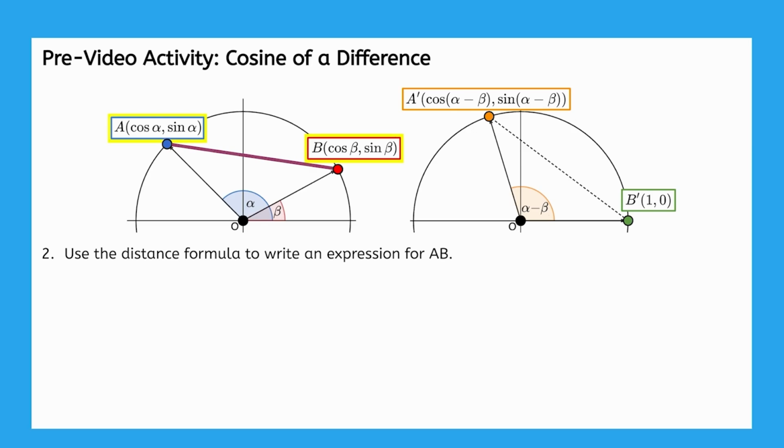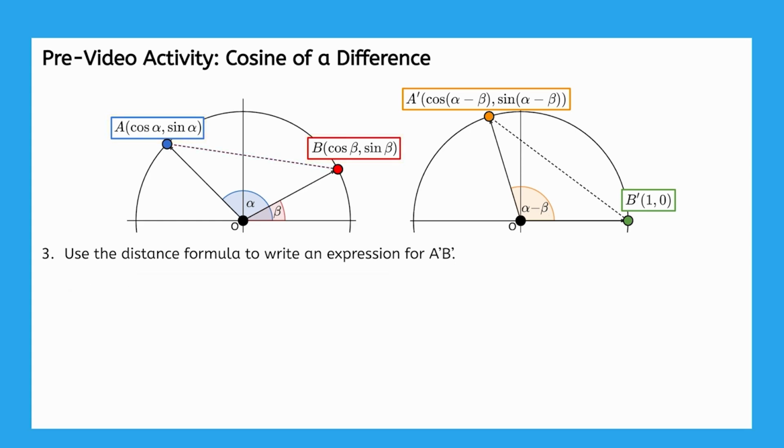And remember that by definition, the x and y coordinates of points on the unit circle are the cosine and sine of the corresponding central angles, which in this case are alpha and beta. Using these coordinates and the distance formula, AB becomes the square root of cosine of alpha minus cosine of beta squared plus sine of alpha minus sine of beta squared.